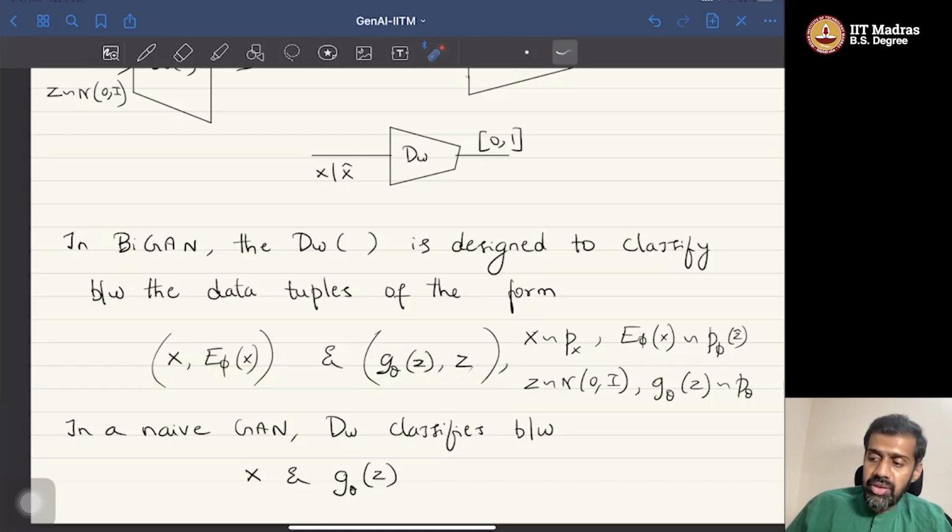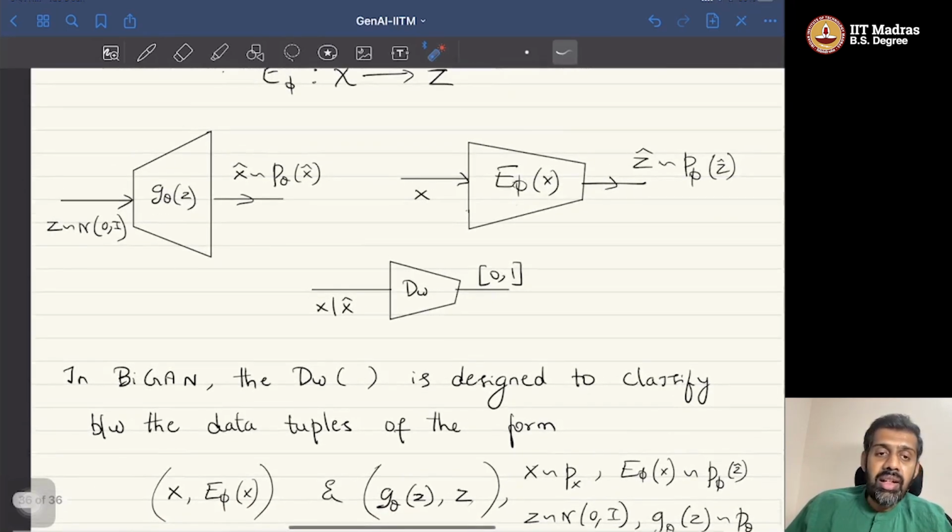If that happens, then this encoder network would be sampling from the same distribution which the input latent vector comes from. That is the idea.